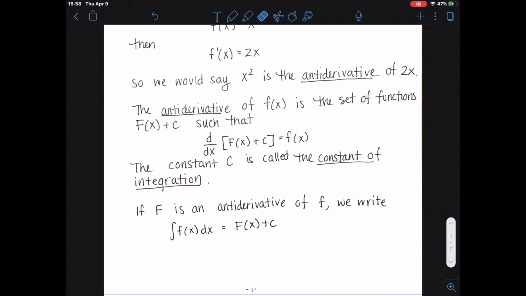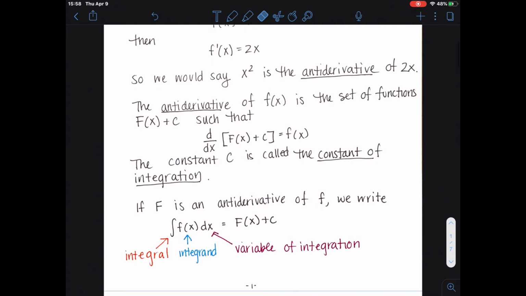Each of these pieces has a different name. This S-looking symbol is called the integral. The function that goes on the inside is called the integrand, and that dx comes from the differentials we learned. It helps tell us what the variable of integration is. The reason we use this S is because it's like a sum, and you're going to see how we relate it to areas in the next section.